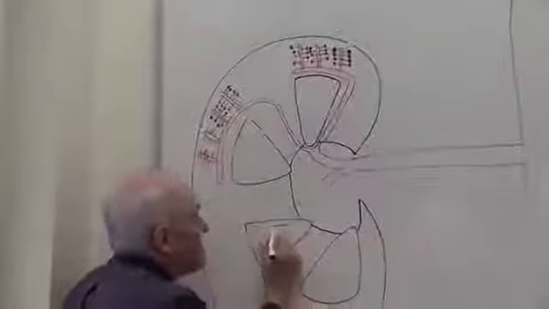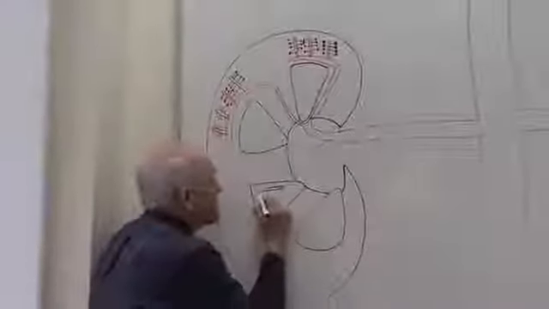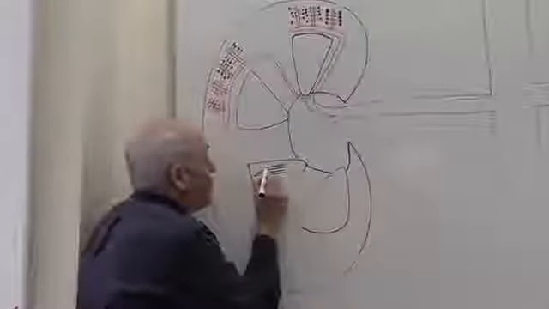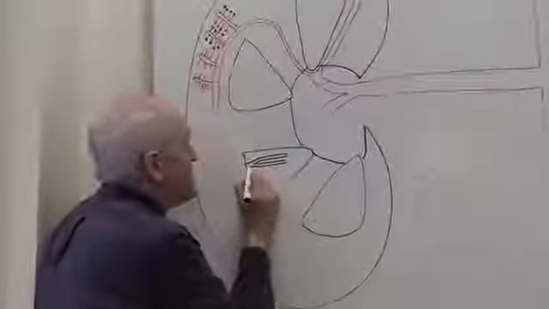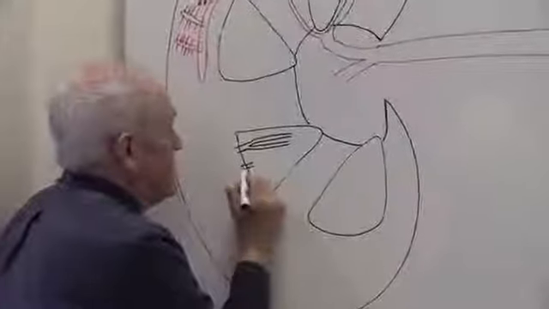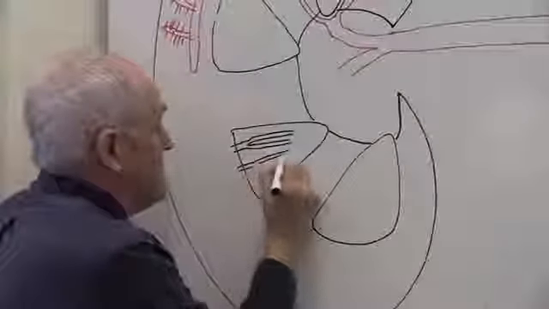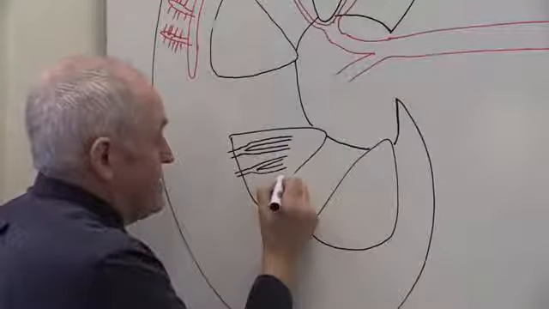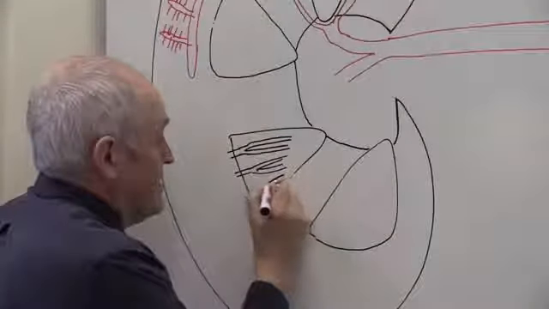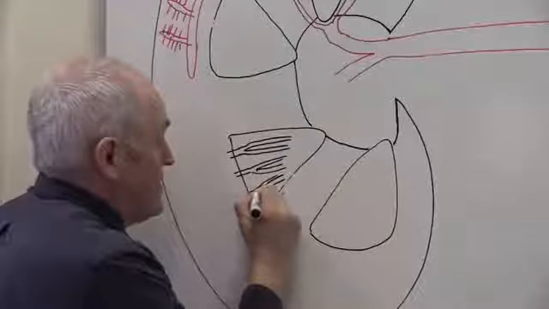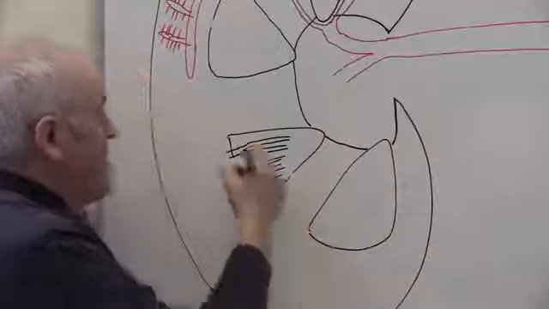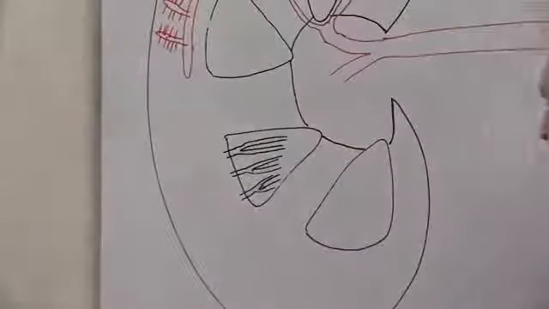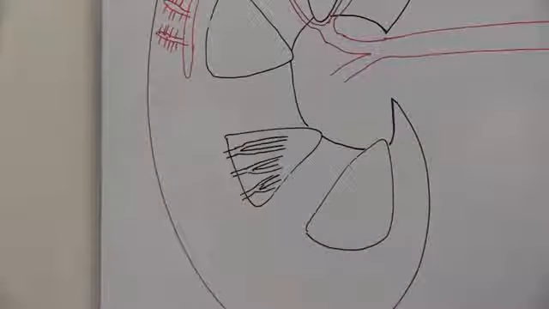So the vasa recta are going to be coming up here. And they're going to form larger venous vessels like this. So these are the vasa recta capillary systems and small venules leaving the renal medullary pyramids.